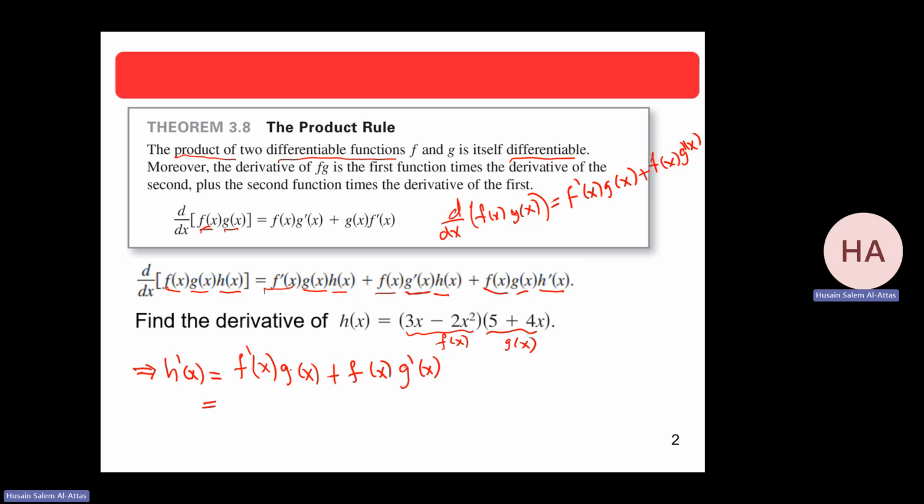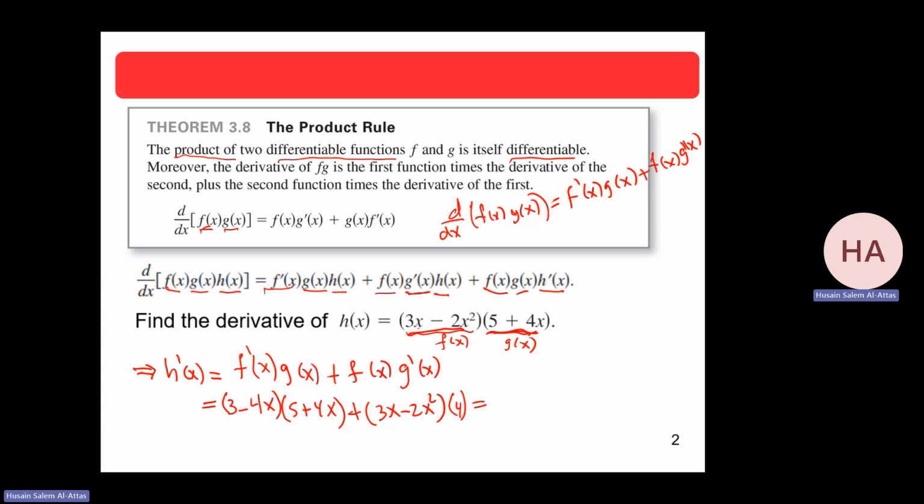Okay, what is f prime? It's 3 minus 4x. Derivative of this, 3 minus 4x, like what we did in 3.2. And this is the second, g, as is, plus the first, derivative of the second, derivative of 5 is 0, therefore x is 4, so that will be 4.